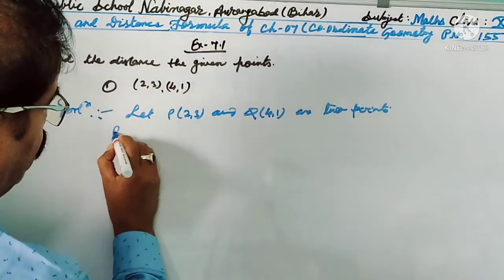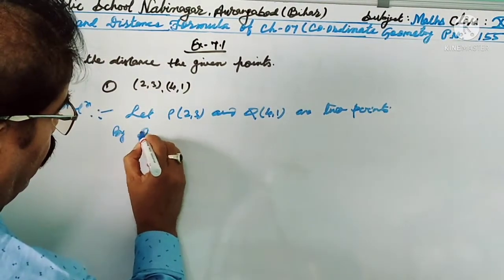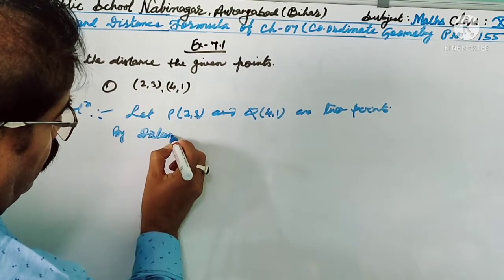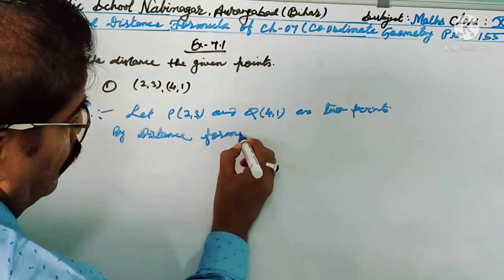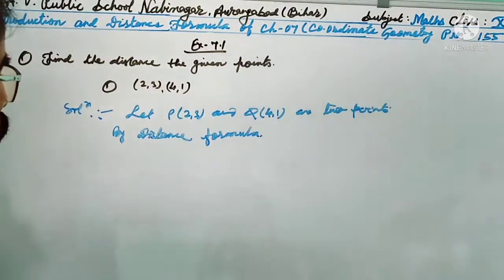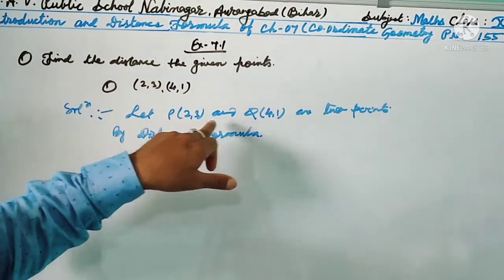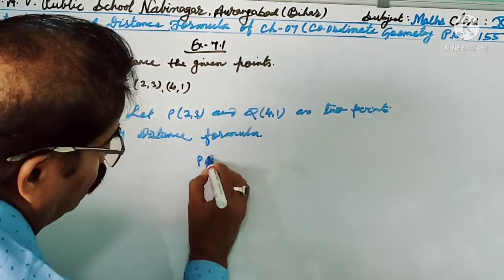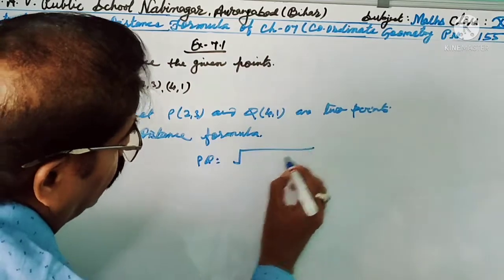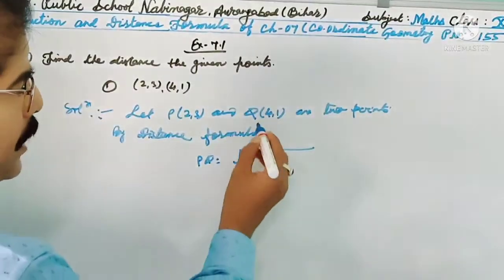By the distance formula, given 2 points P and Q, PQ equal to under root x2 minus x1.